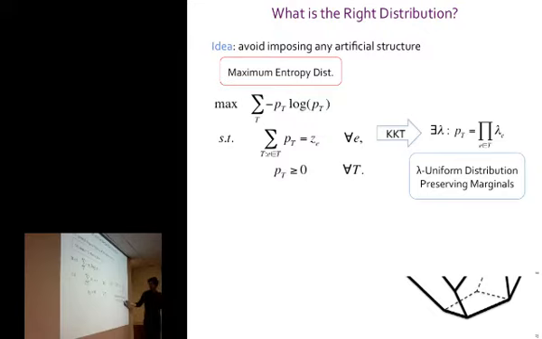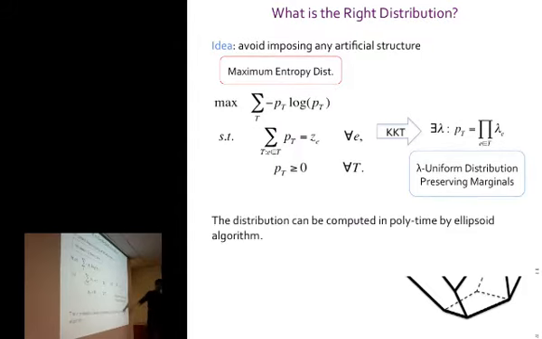For example, if these lambdas were all equal to 1, then you would get a uniform distribution over spanning trees. And it turns out that these weights lambda can be computed in polynomial time, because we can use the ellipsoid method to compute the optimum solution of this convex program.